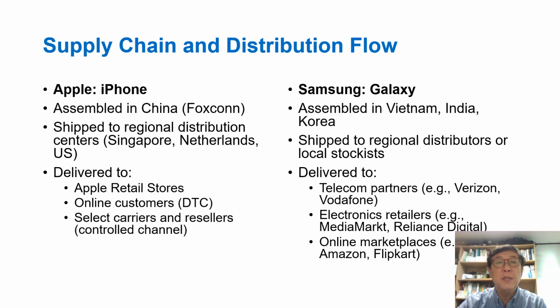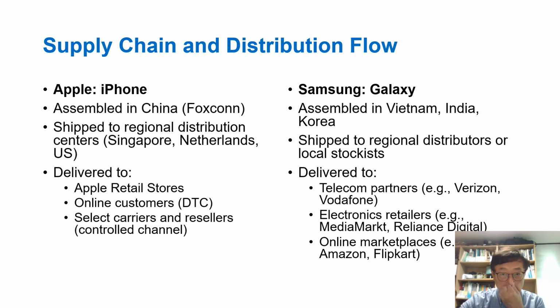In the supply chain and distribution flow, the Apple iPhone is assembled in China by Foxconn. You remember, right? They're a contract manufacturer. It's shipped to regional distribution centers in Singapore, the Netherlands, and the US, and delivered to Apple retail stores, online customers, DTC, and then select carriers and resellers controlling the channel.